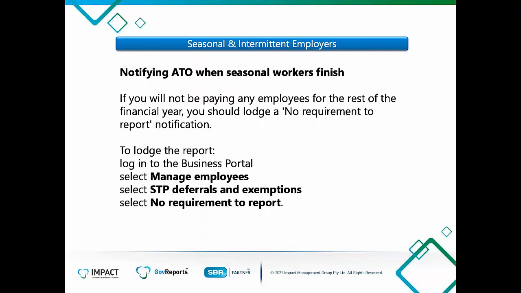And one of the suggestions I saw on the ATO's website, of course, is that if you have employees that, you know, they've done their 3 months, whenever it is, that you can actually advise them that there's no requirement to report. And I guess that really just stops them harassing you or harassing the client to say, why haven't you sent information, you know, STP information on these people? It's just a notification.